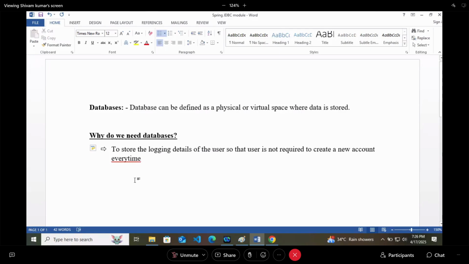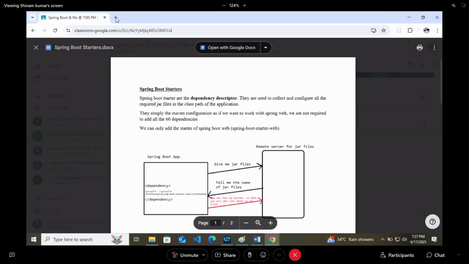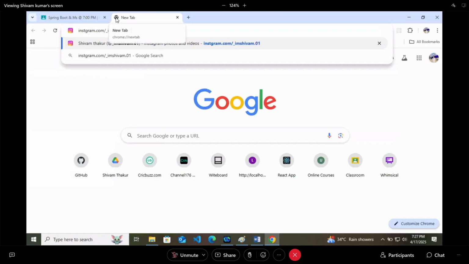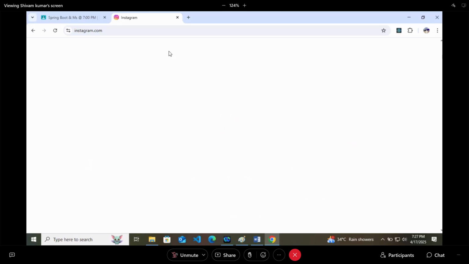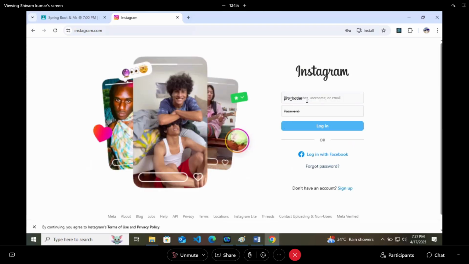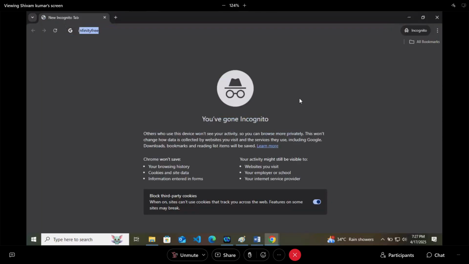You don't have to create a new account every time. That's why we need a database. First reason is this. Now you are going to instagram.com and opening a particular page. Let me show you.